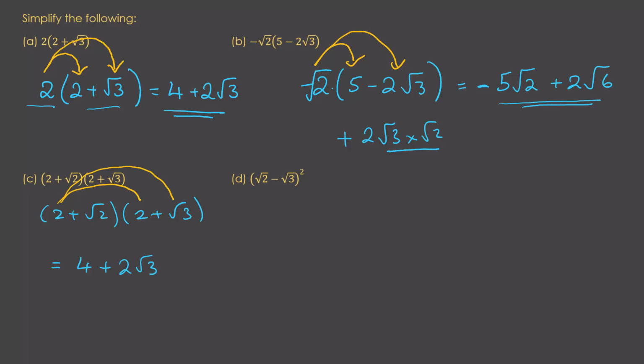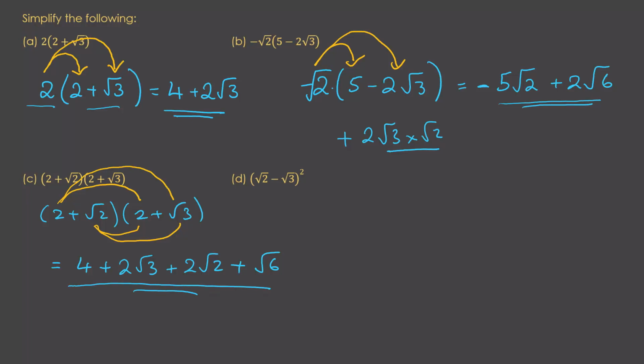And then we're going to have root 2 times 2, which we know is 2 root 2. And then finally, we're going to have root 2 times root 3, both positive, so it's going to be positive, and that's going to be root 6. And there is no tidying there. They're all unlike terms.